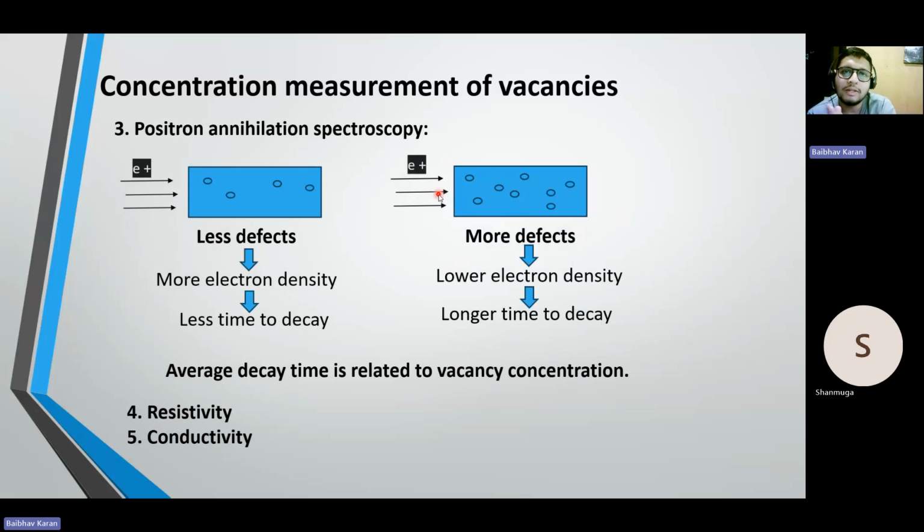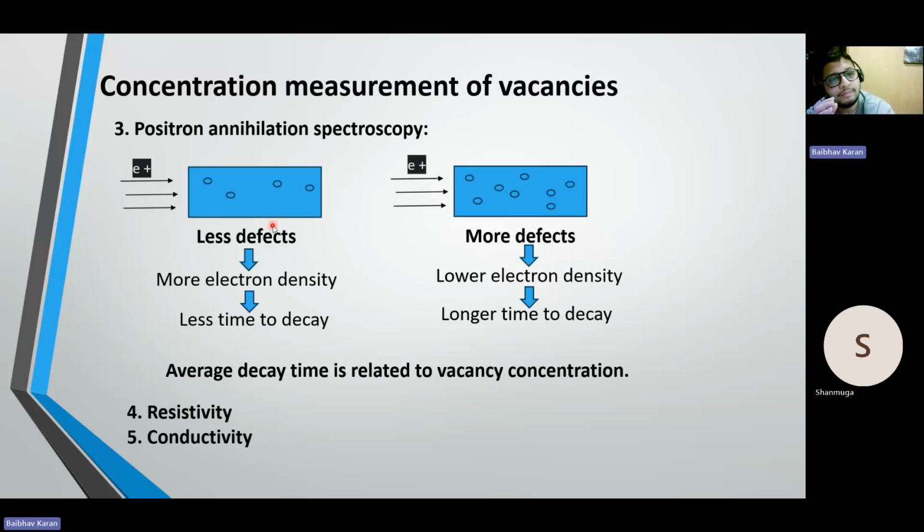So what is decay? Decay is the reaction which occurs between electrons and positrons. It will be difficult for them to decay because there are no electrons present in the material with higher defects. Whereas in the material with lower defects, more electrons are present, so the electron density is higher. That means the positrons irradiated onto the sample will have less time to decay, because they will decay easily given the availability of electrons in the material.